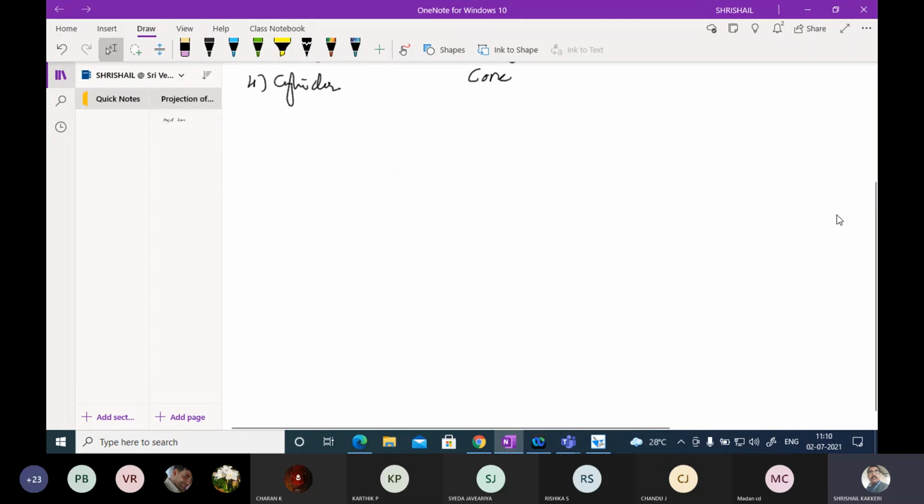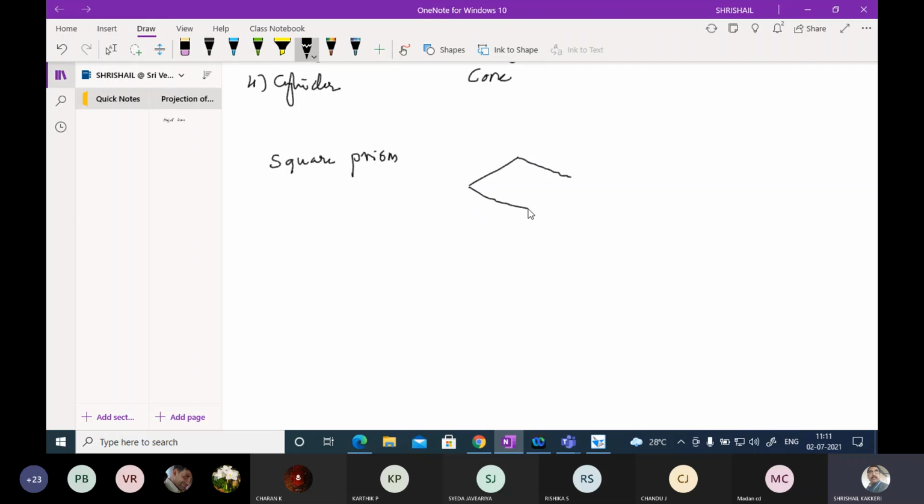Okay. Now let me start with what is called a square prism. It is a basic class. The square prism will be like this.